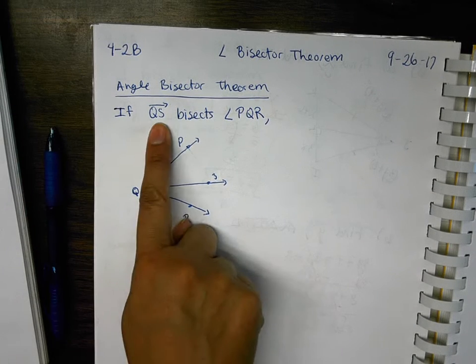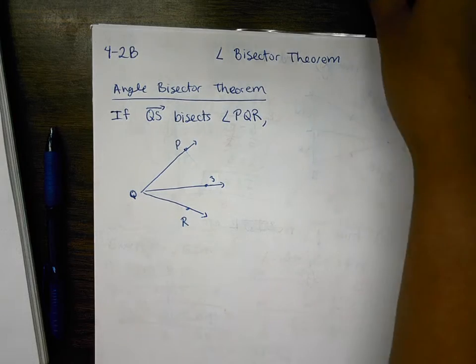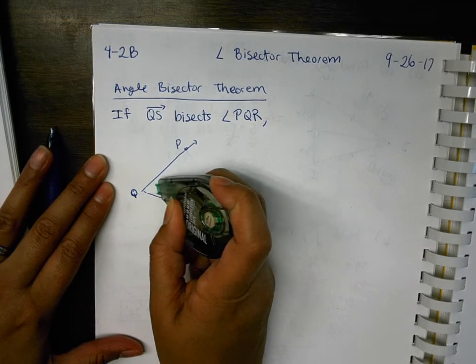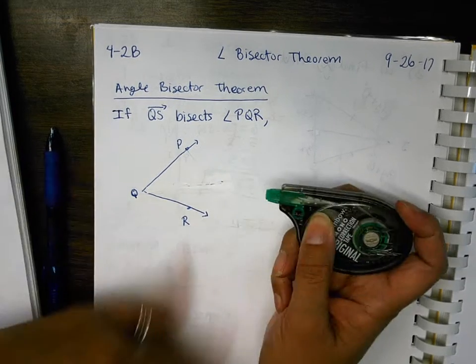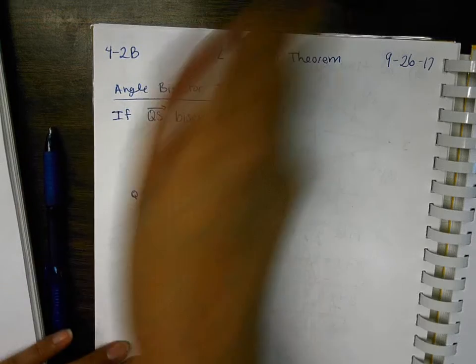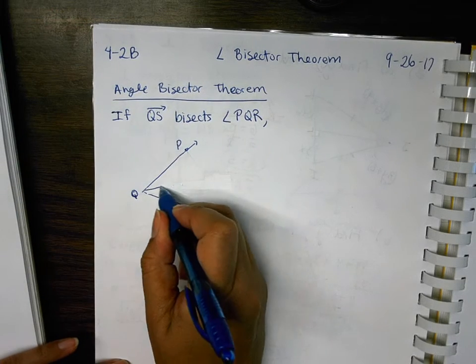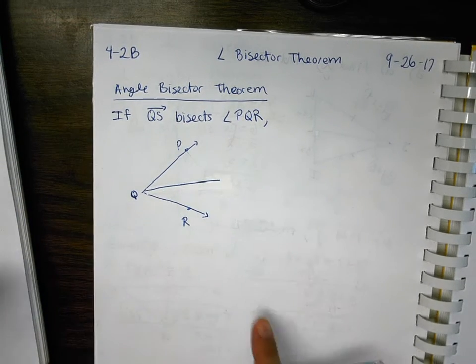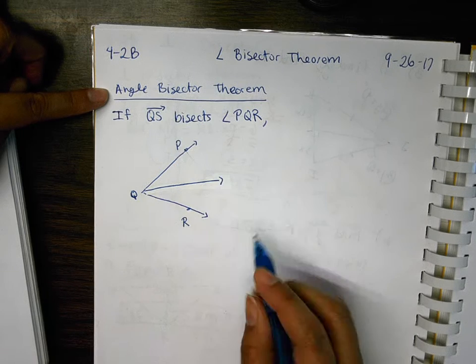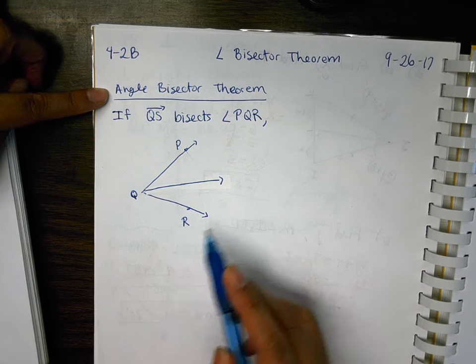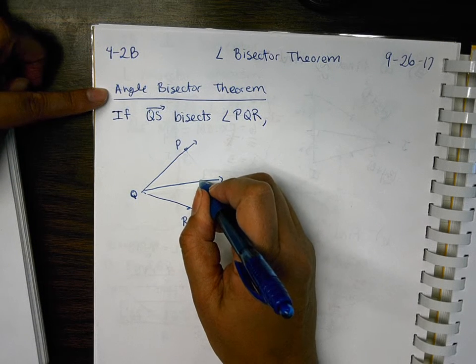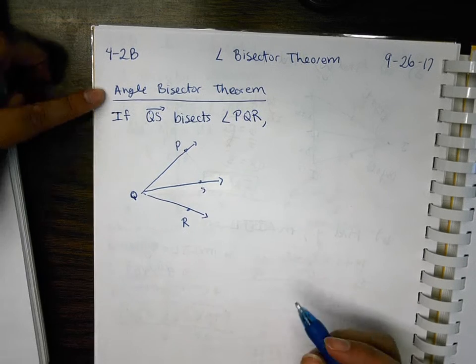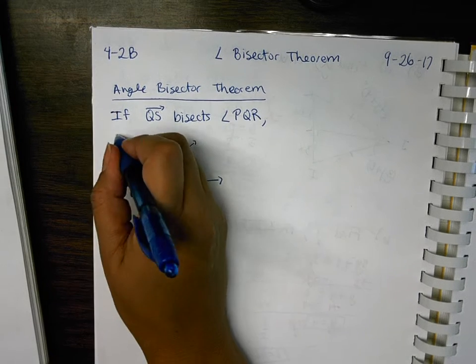So if QS bisects this angle, and I'm going to redraw this one more time only because it's bothering me because it doesn't look all that bisected. Okay. If QS bisects PQR, do you see that? Yes? All right, extra information.